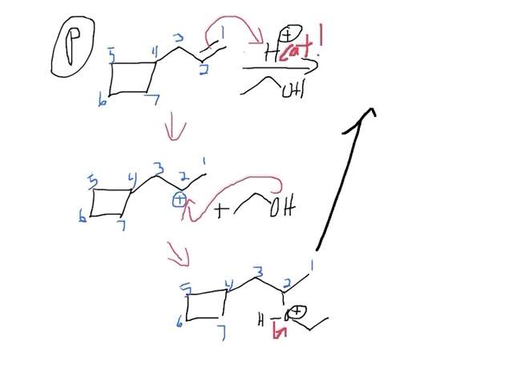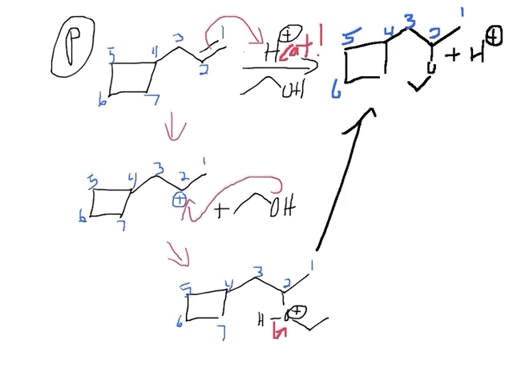So the final product will be plus H plus, so it's regenerated. Finally numbering our carbons, make sure we're not losing track: 3, 4, 5, 6, and 7.